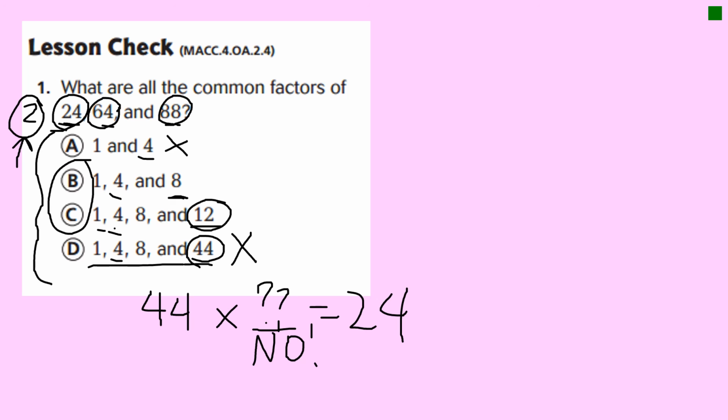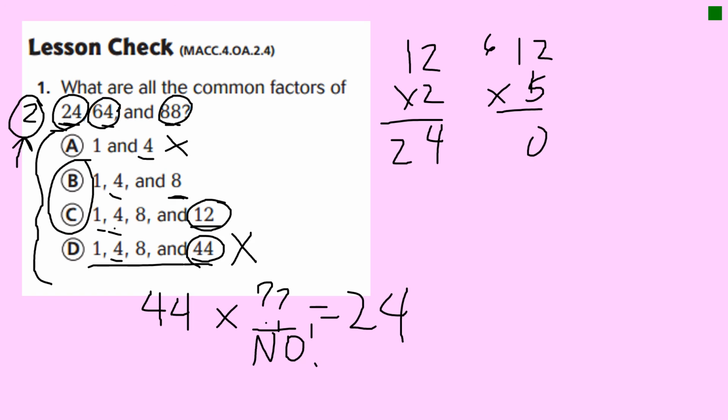So I'm going to have to think about my 12sies. I know that 12 times 2 is 24. Okay? Think about 12 and 64. Let's do 12 times 5. 5 times 2 is 10. 5 times 1 is 5, plus 1 is 6.